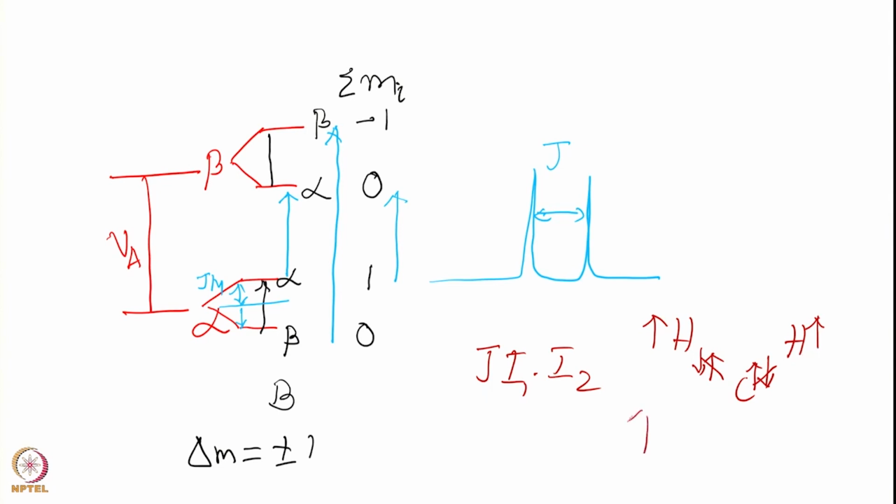So this parallel state has lower energy. So, this implies that J is less than 0 because it decreases the energy value, and therefore the so called geminal couplings are negative, whereas the vicinal couplings and the one bond couplings, they are all positive.